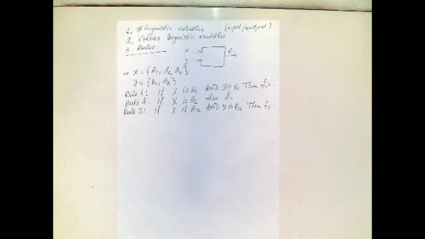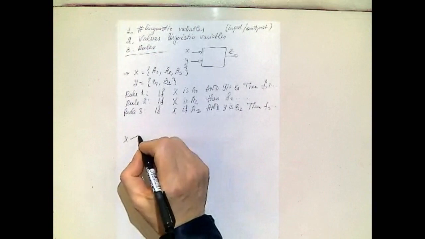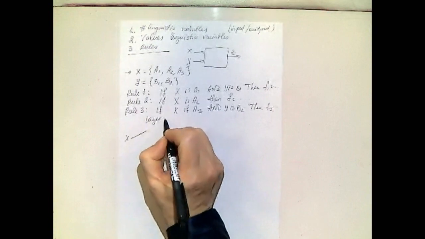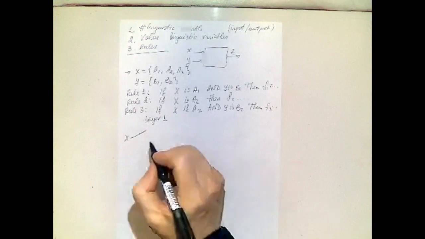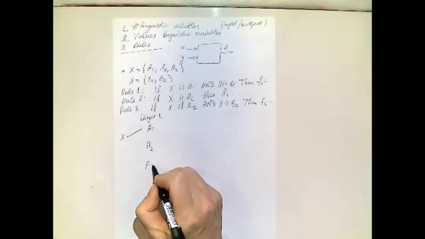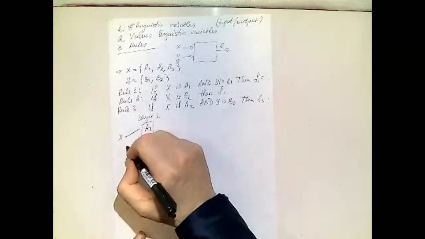Okay, so this is what is going on. Now we know that we have X as an input, and remember our layer 1 is generation of the values, so it will be A1, A2, and A3. This will be my input for layer 1.